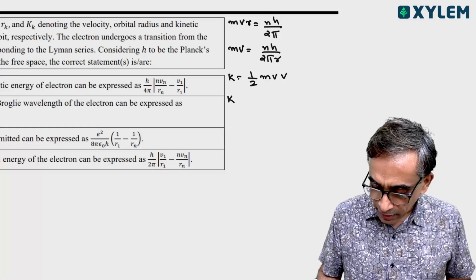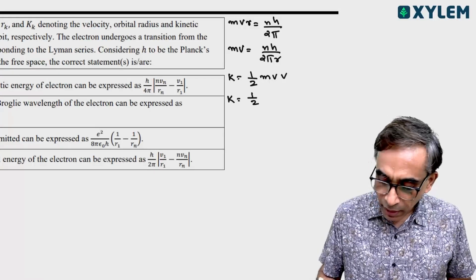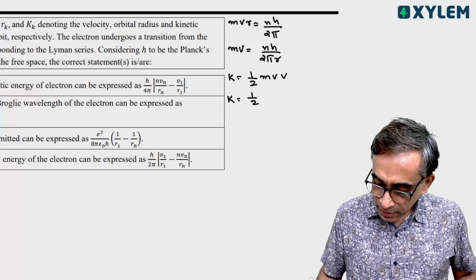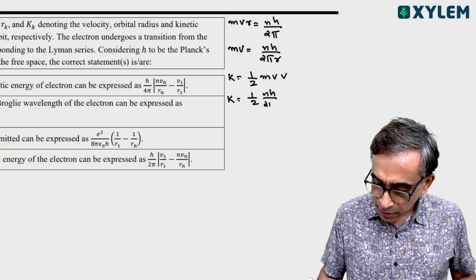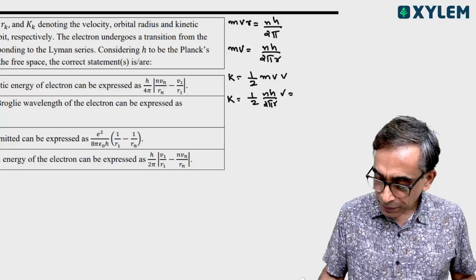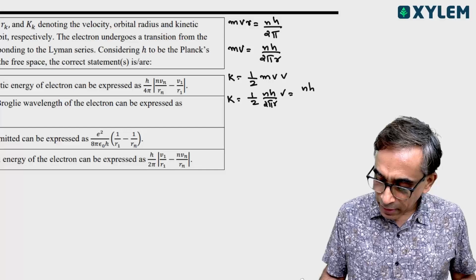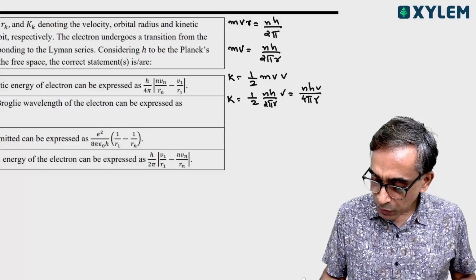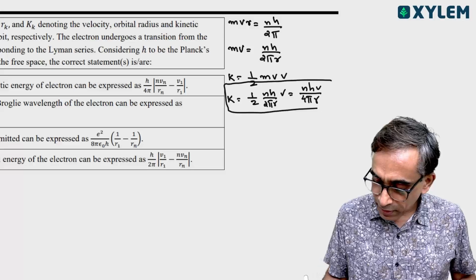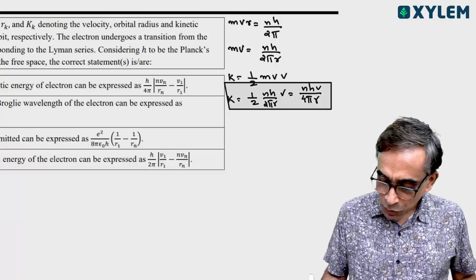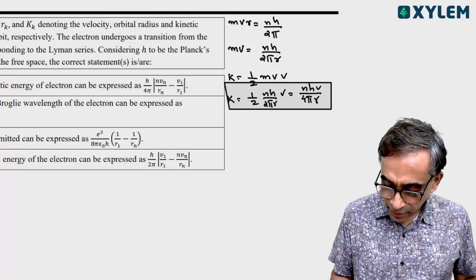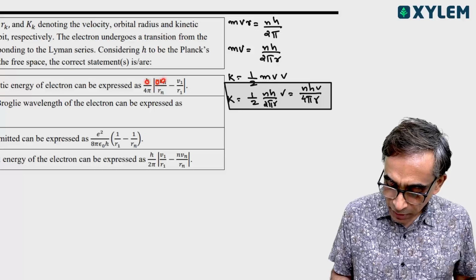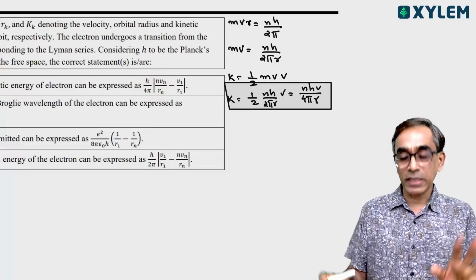So this kinetic energy will become half into nh by 2 pi r into v, which will give you nhv divided by 4 pi r. So isn't that your form here? nhv by 4 pi r, same thing. So then now it's easy.